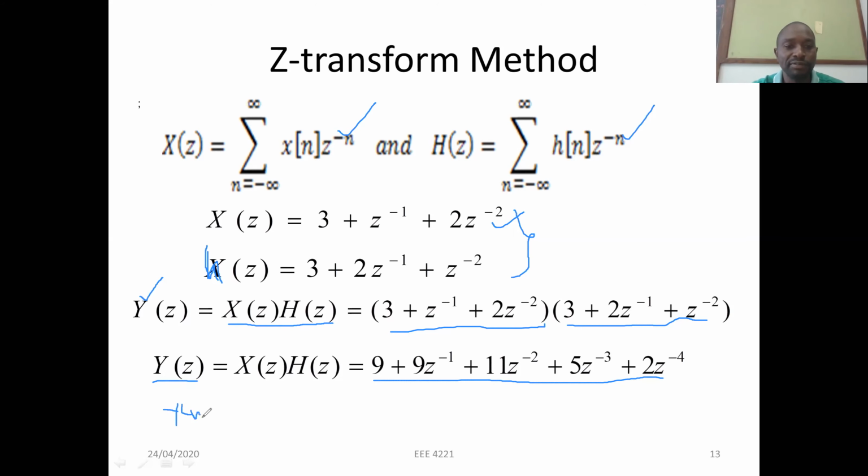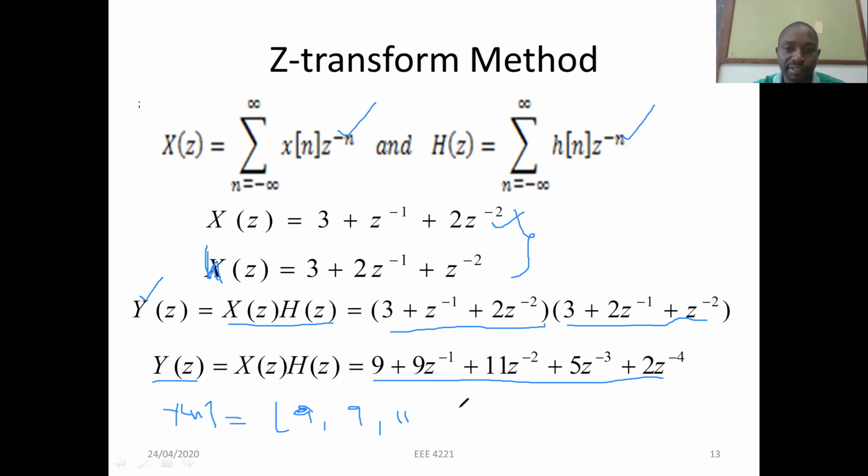Therefore, to find Y of n, all we do is now to find the inverse Z transform of Y of Z, which will basically be a sequence now similar to 9, again 9, this one comes to 11.